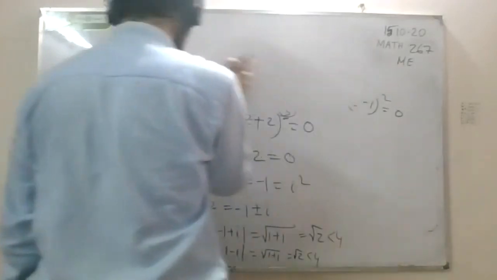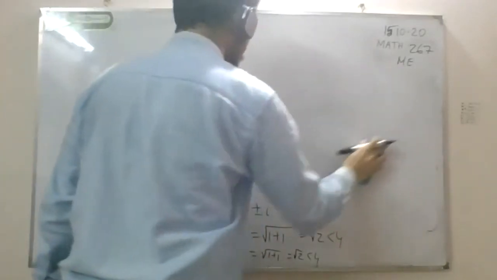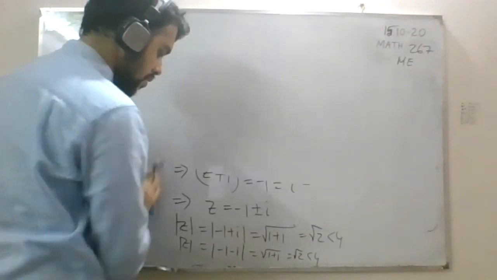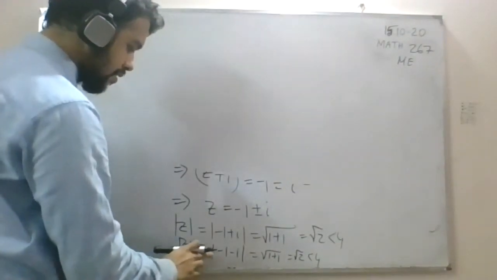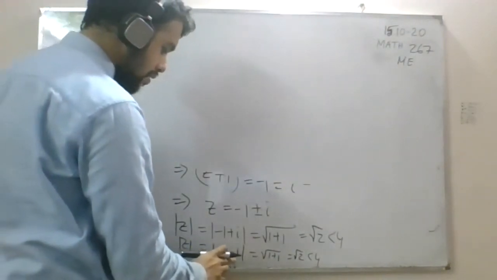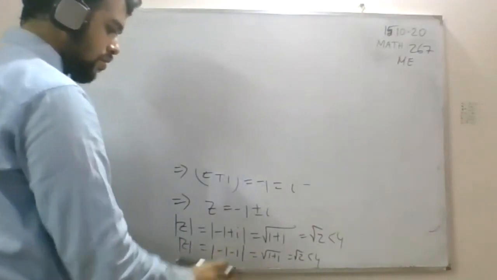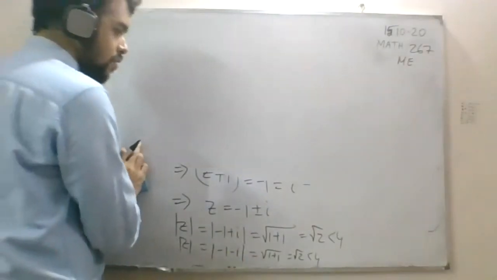The last line is modulus of z equals modulus of minus 1 minus i equals root 2, less than 4.